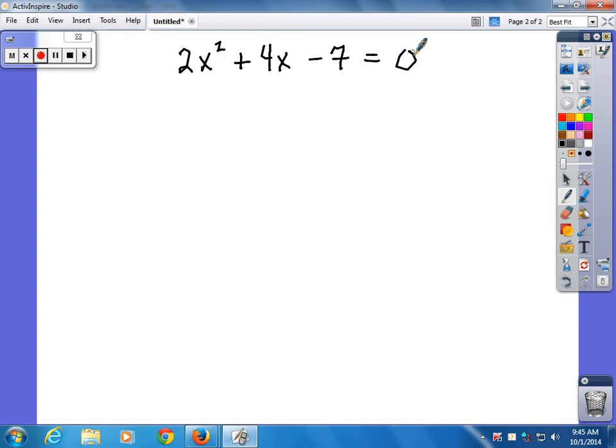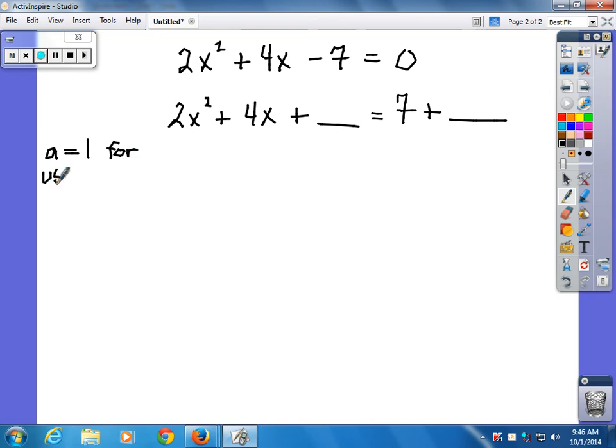You're going to forget that. 2x squared plus 4x plus blank is equal to 7 plus blank. And we need to put down A has to be equal to 1 for us to use completing the square.